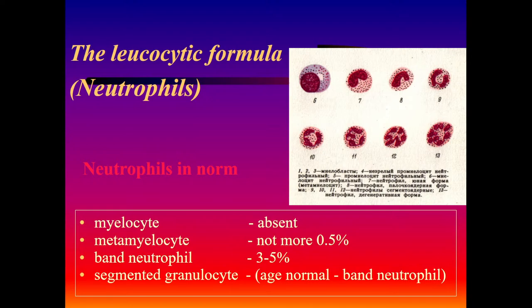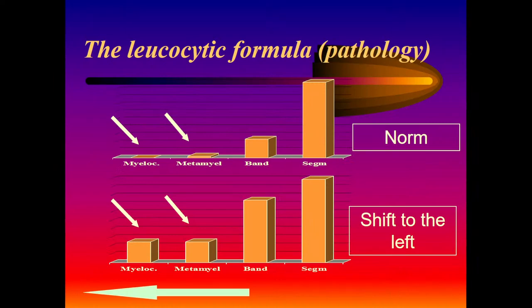In the leukocytic formula of neutrophils, myelocytes in normal must be absent, metamyelocytes no more than 0.5%, band neutrophils nearly 3 to 5%, and segmented granulocytes are the rest. If the number of myelocytes, metamyelocytes, and band leukocytes increases, this phenomenon is named shift to the left.